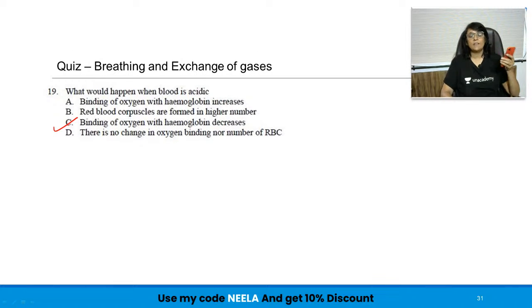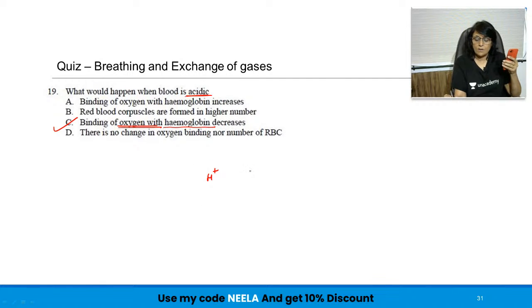What do we mean when the blood becomes acidic? That means H ions are released. And as soon as the H ions are released, hemoglobin and oxygen should dissociate. Here we are talking about blood being acidic. That means blood is having more H, right?